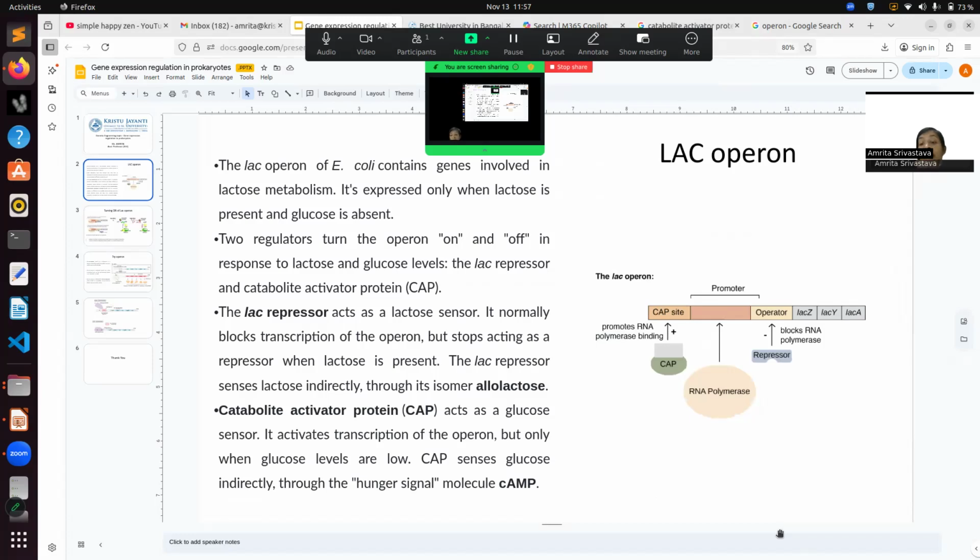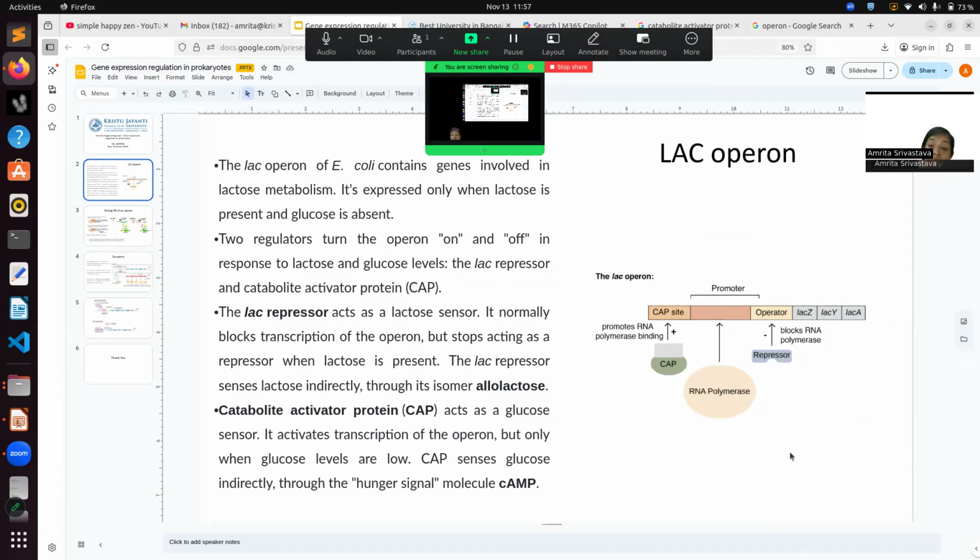However, when glucose is less and lactose is present, lactose binds to the repressor and inactivates the repressor, telling the operon, I am present now, please transcribe and produce enzymes to metabolize me. This is how the repressor is prevented from attaching to the operator, and this is another type of regulation that happens in the operon.